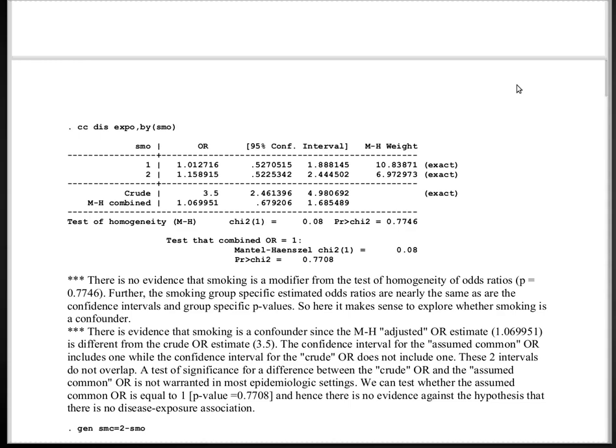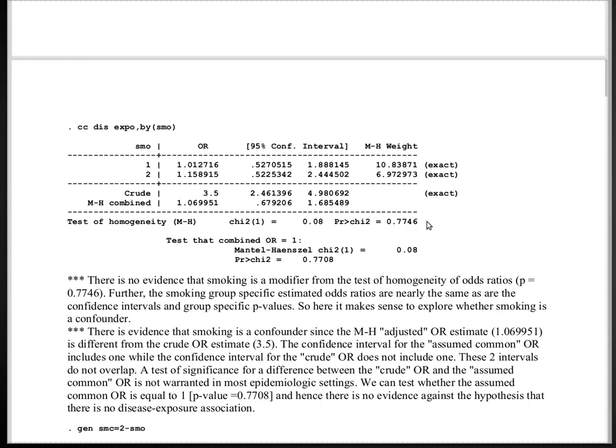Let's have a look. The Mantel-Haenszel test for homogeneity here is the test of whether or not there's modification. Or another way to spin it is, is the odds ratio for the smokers equal to the odds ratio for the non-smokers? That's the null hypothesis that's being tested here.